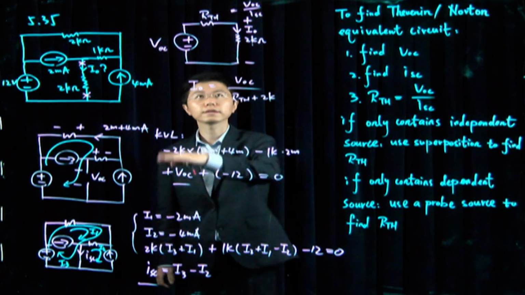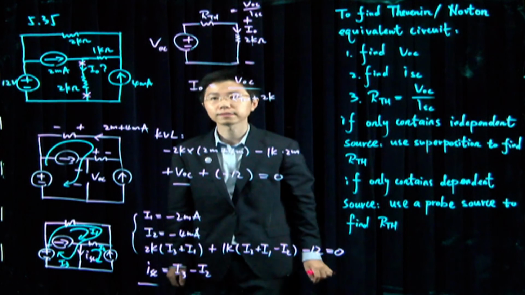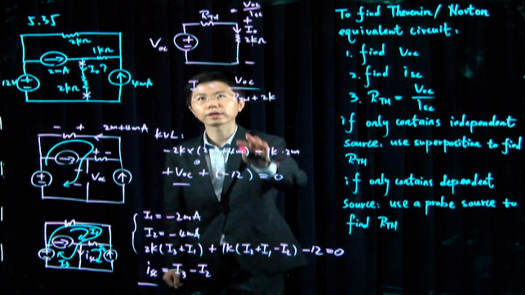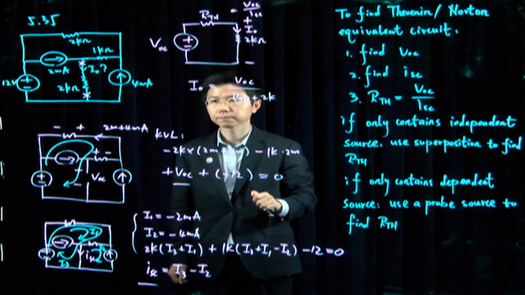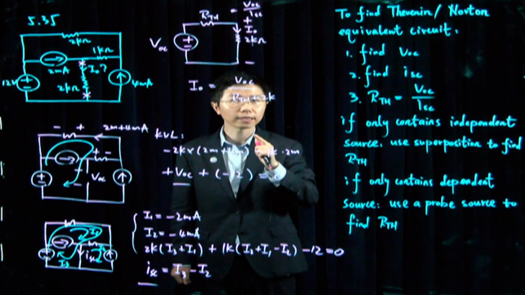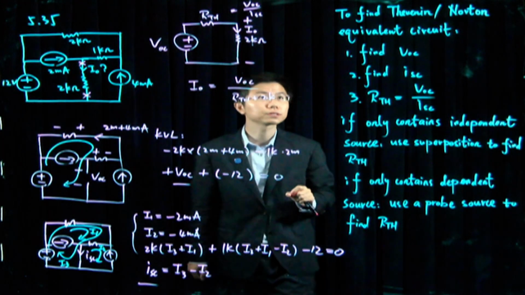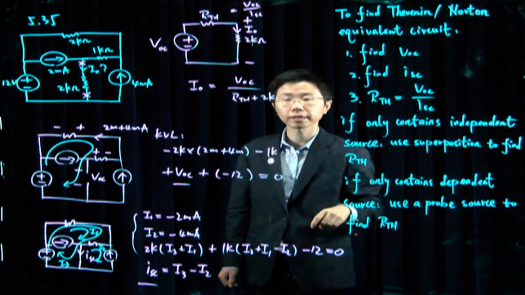Well, this is the first way to solve this, applying the 3 steps and finding all the parameters in my equivalent circuit. There's a shortcut that we can take advantage of if you're looking at these additional notes in my general problem-solving strategy here.